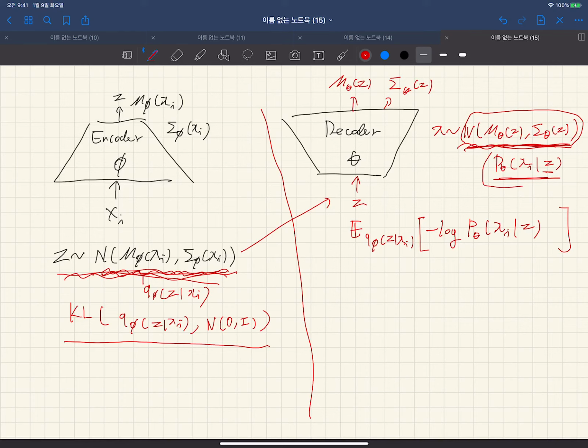I will use the notation p theta xi given z. So basically the decoder just maximizes your likelihood value, and since the latent variable is a random variable, we take the expectation of the likelihood.